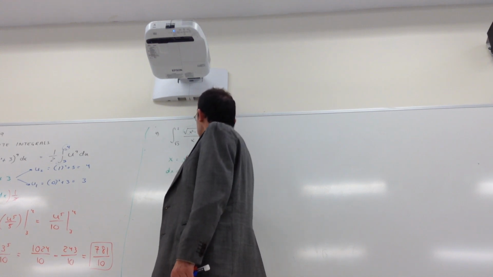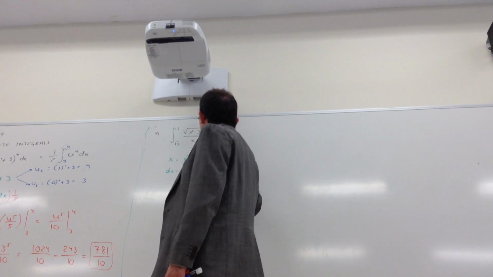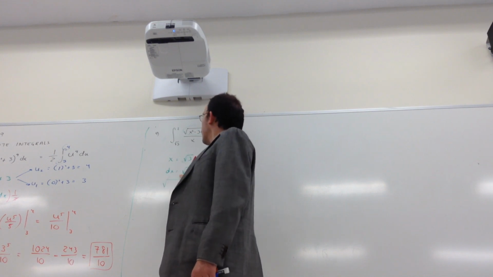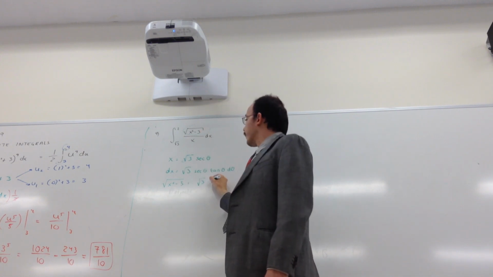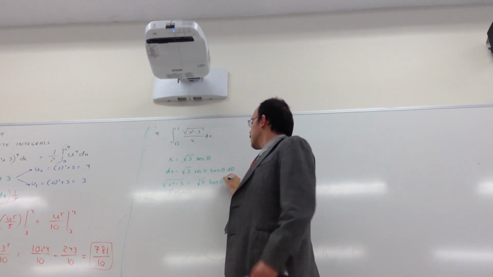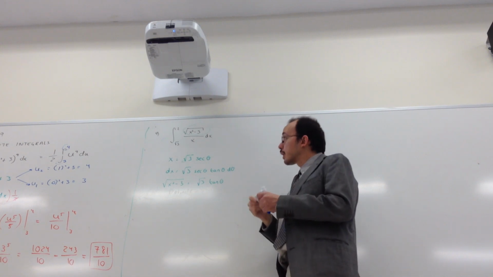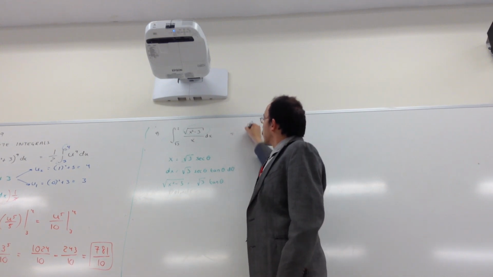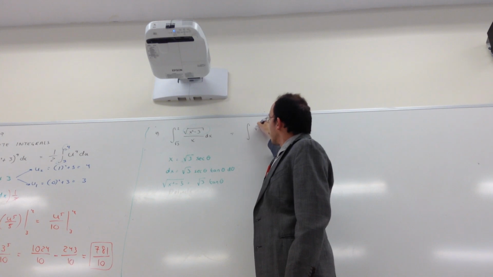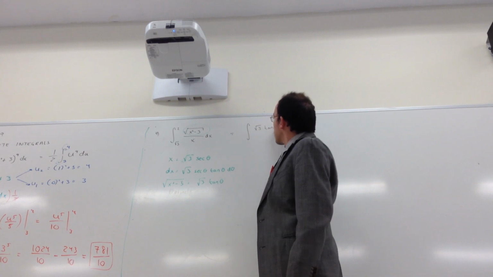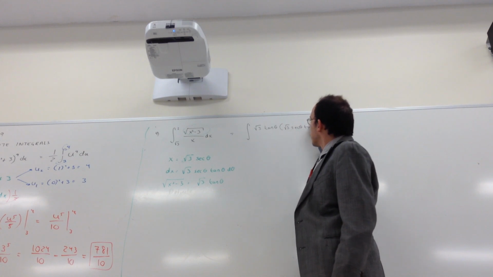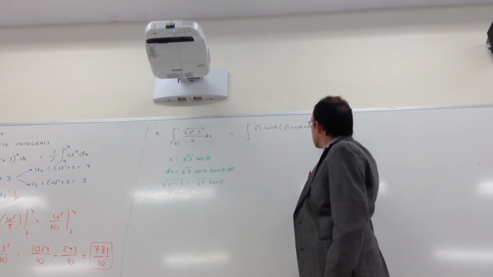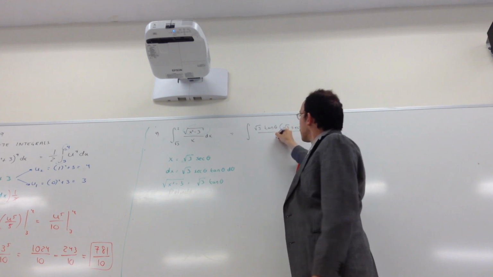Secant tangent theta. And the square root of x squared minus 3 is going to be square root of 3 tangent. Good. So my new integral is going to be square root of 3 tangent times square root of 3 secant tangent, over square root of 3 secant.